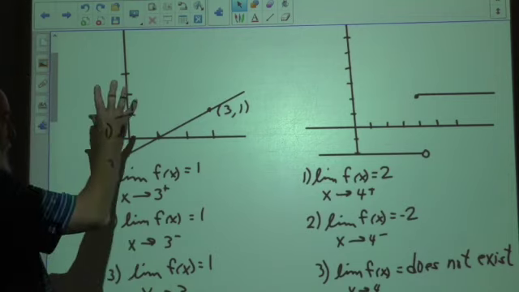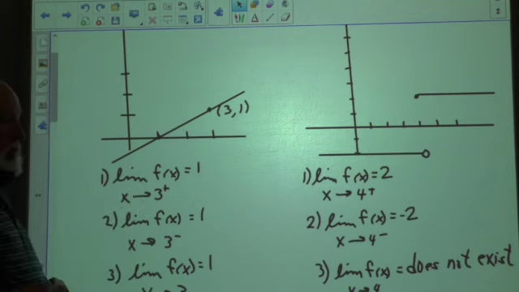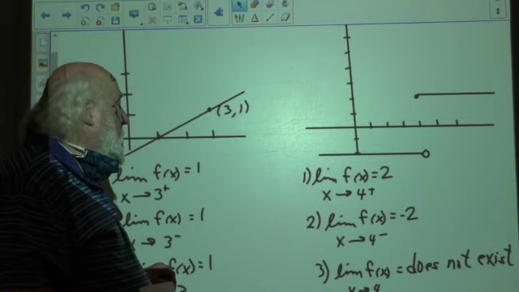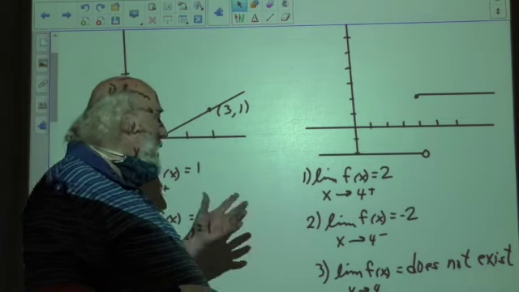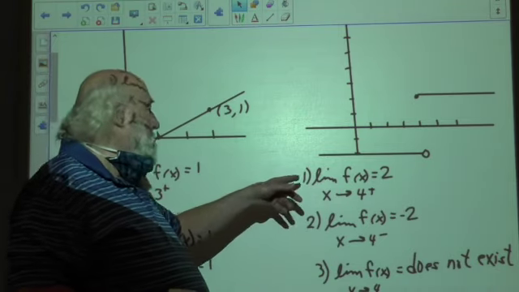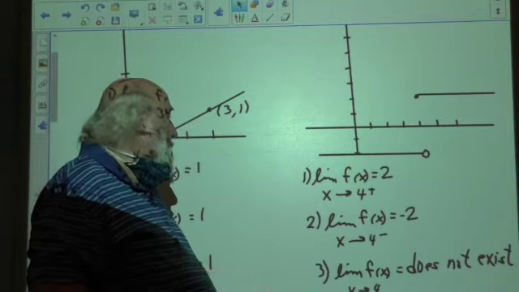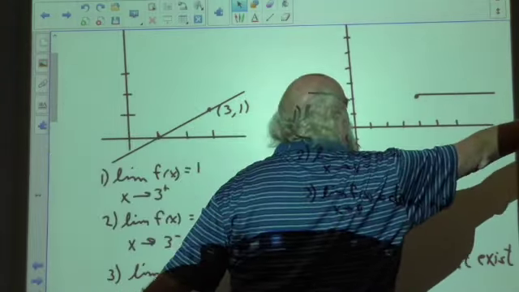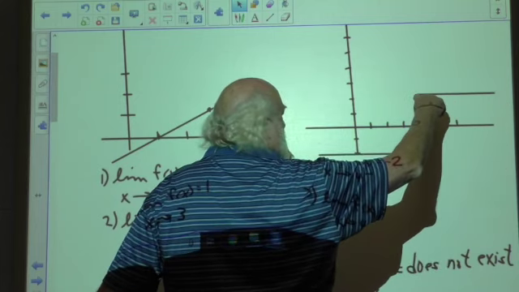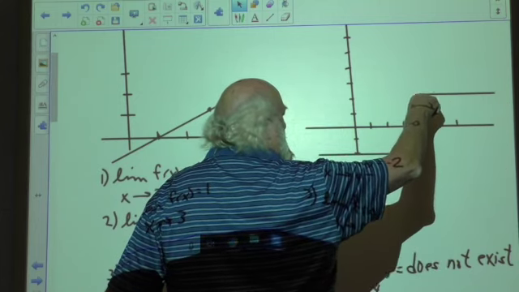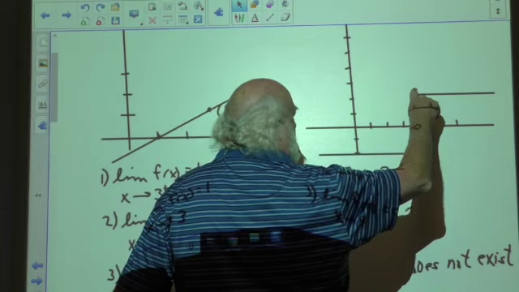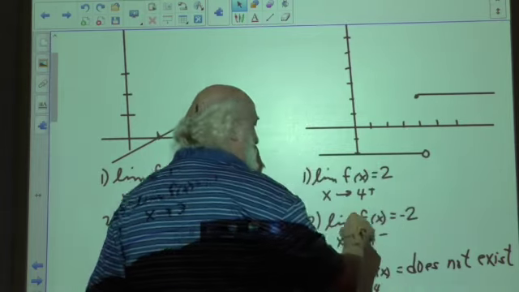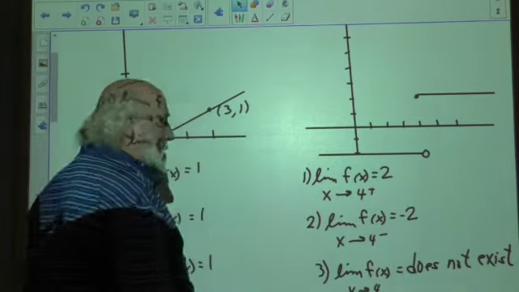Okay, so this is a continuous function based upon that. Over here, however, is a different story. If we take a look at the limit of f of x going from the positive side of 4, so that means we're coming all the way out here and coming over here, the limit is at this point right here, and this value for 4 is positive 2. So that's where that 2 comes from.